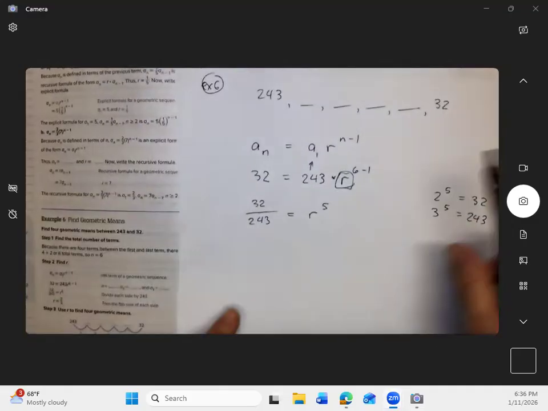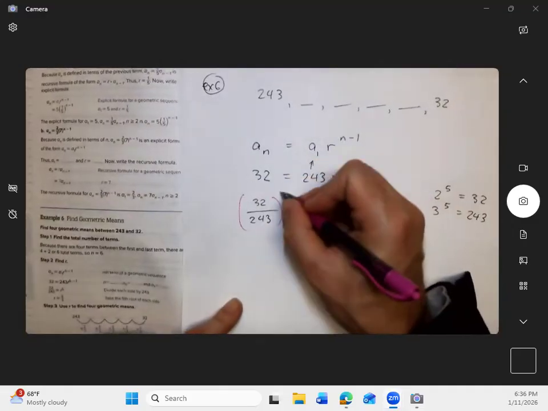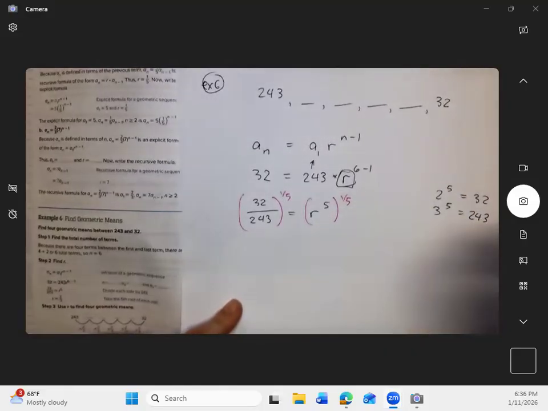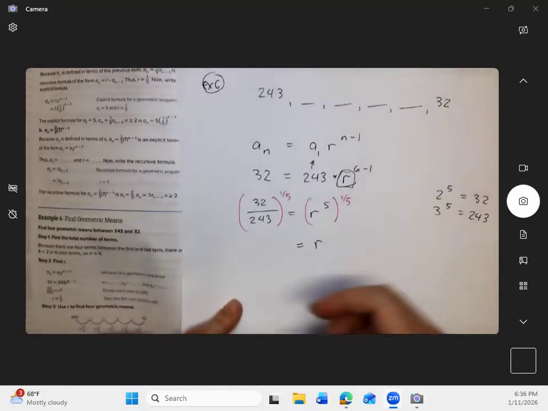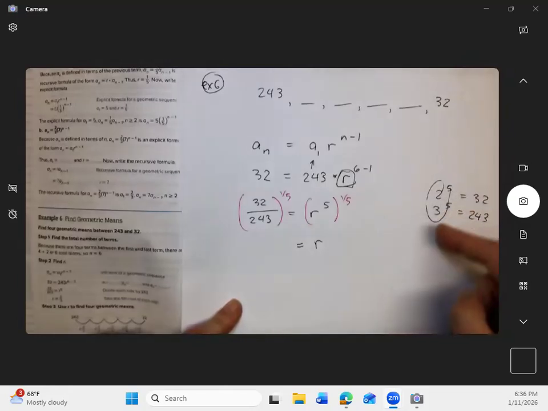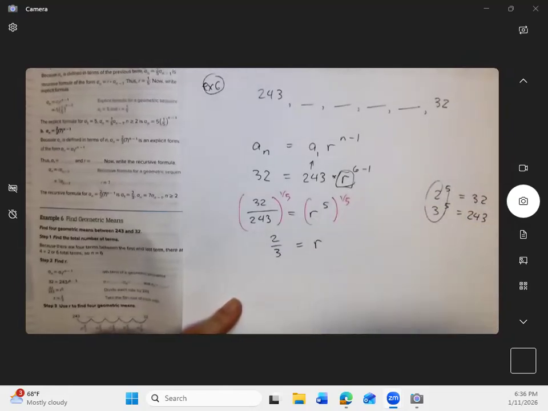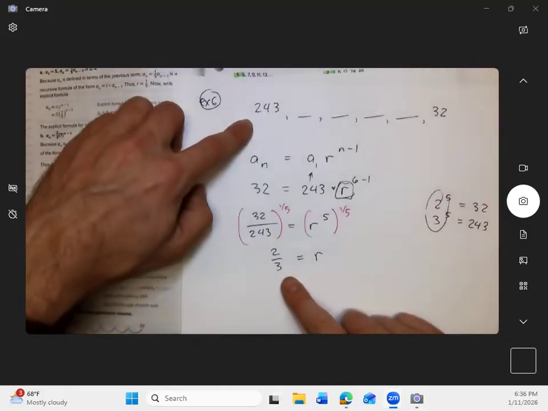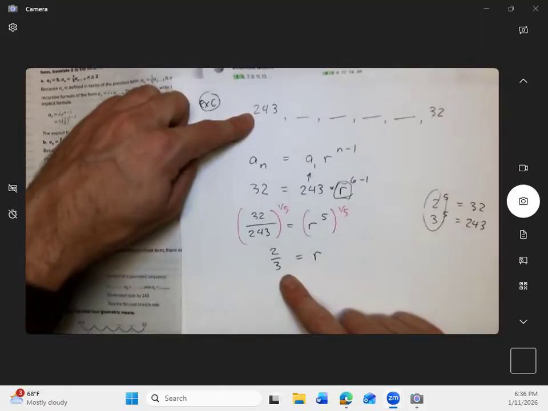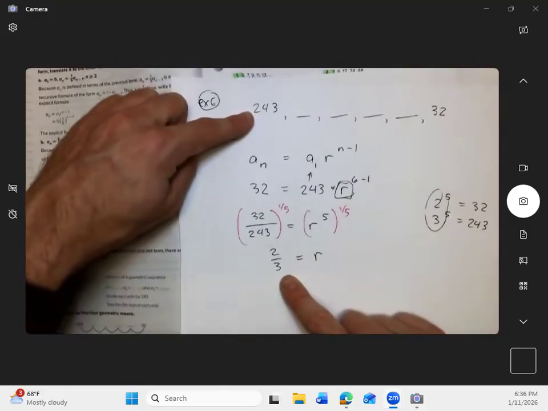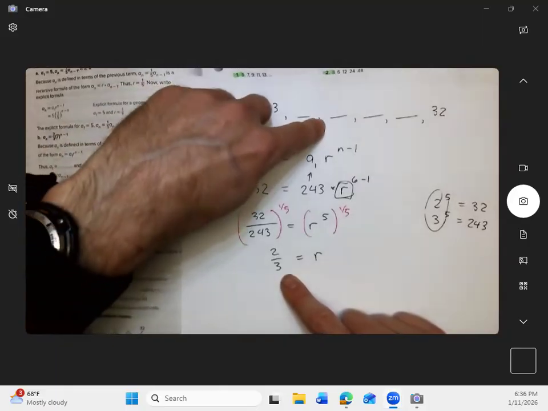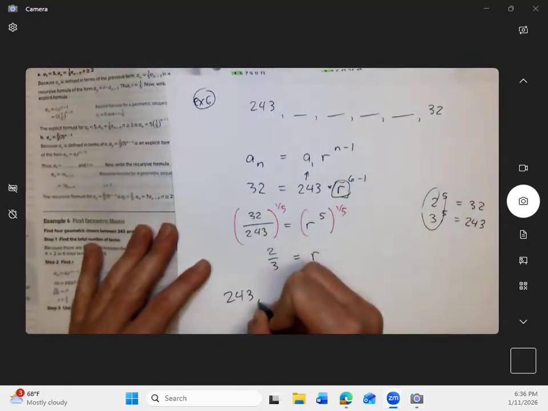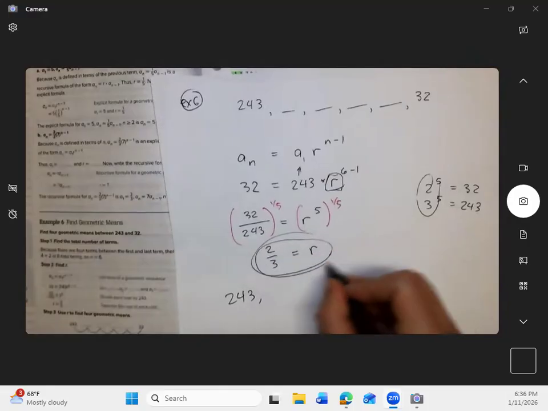So if I take each side to the power of 1 over 5, then I can solve for R. R comes out to 2/3. So there you go. And now that you know that the common ratio is 2/3, I'm just going to take my A1 value, my first term, and keep multiplying by 2/3. You could think of it recursively that way. 243, comma, just keep multiplying by 2/3 over and over again.